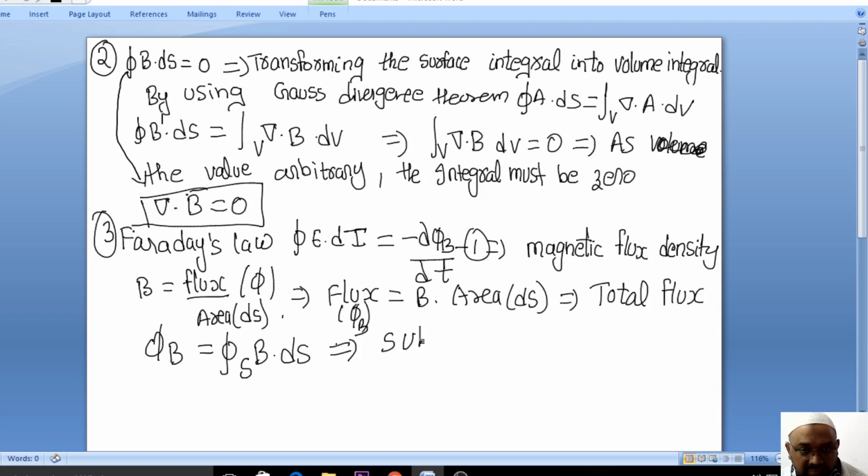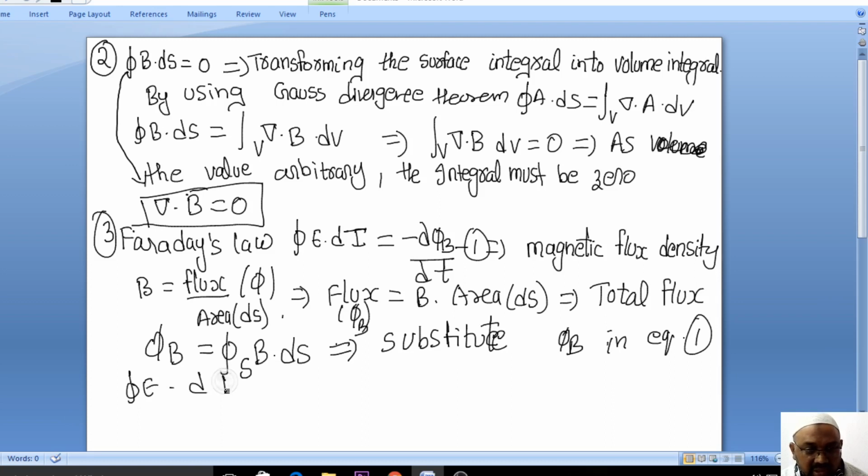Substituting the phi b value in equation number 1, what do we get? The integral of E into dl is equal to minus the surface integral of B into ds.